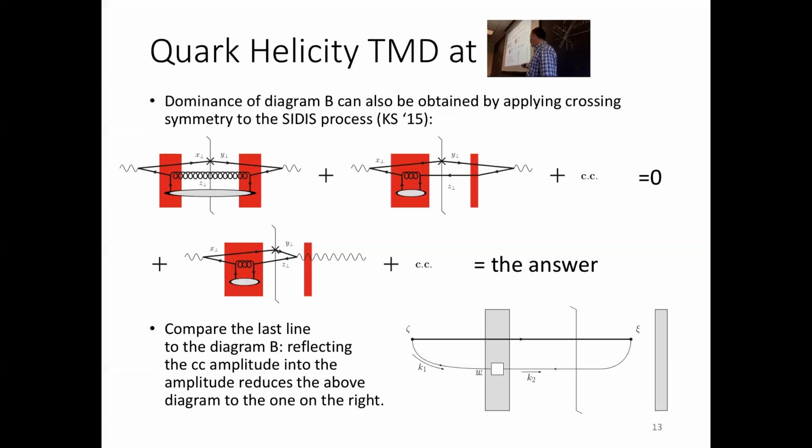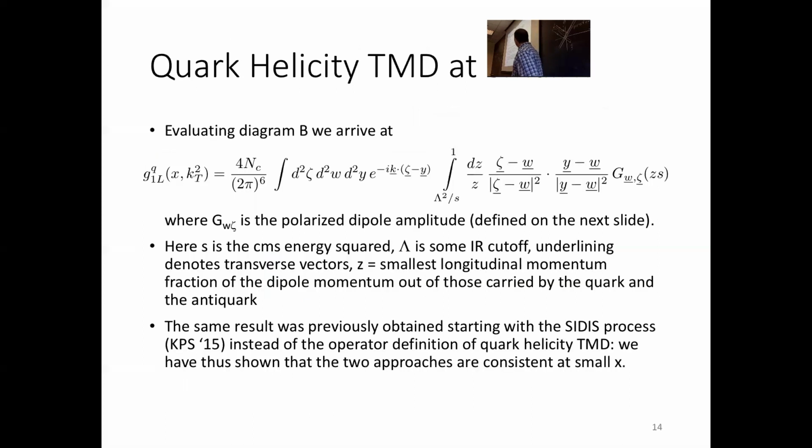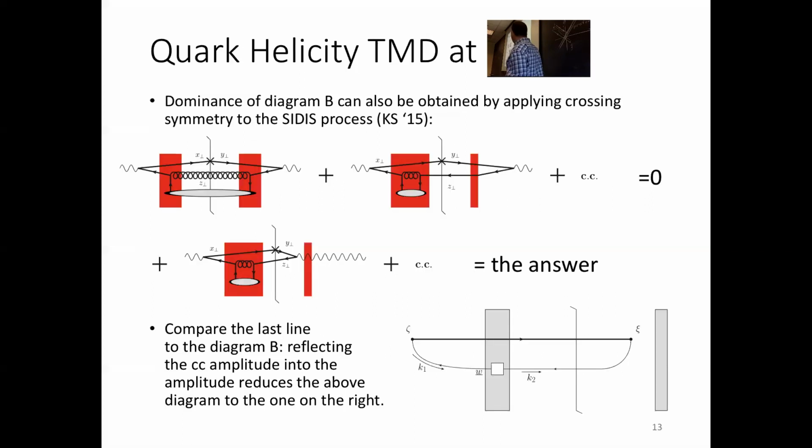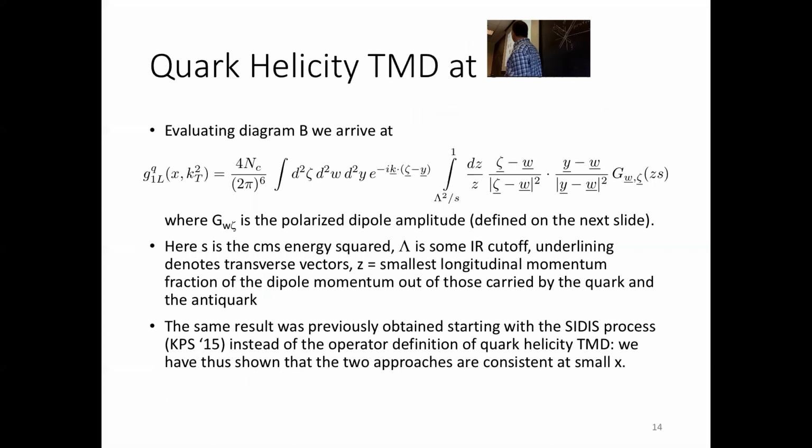Okay? So we have something which we refer to as a dipole. We have a quark line and an anti-quark line, and the color singlet state initially and finally. And it has to interact in a spin-dependent way with the proton. And the rest of the diagram is easy to calculate. This, if you wish, the splitting here and the splitting there.